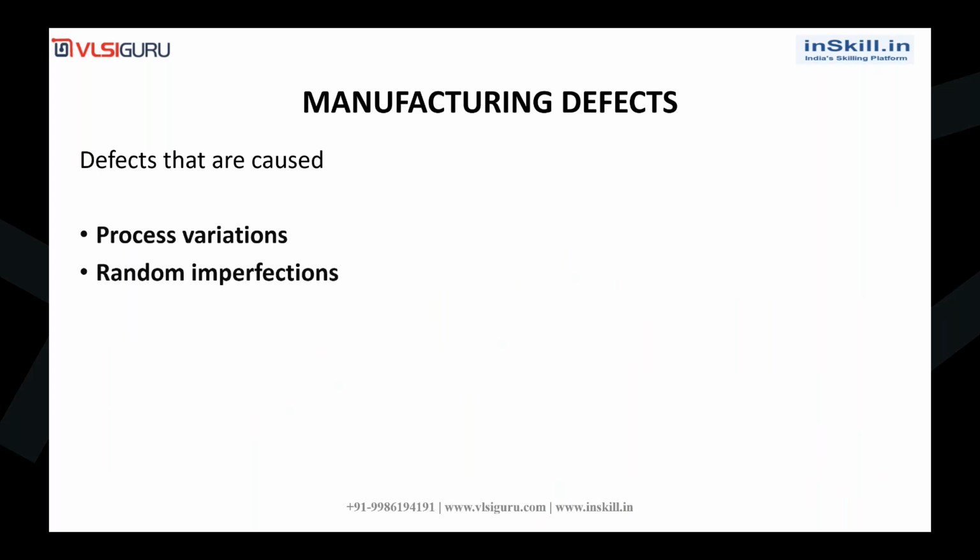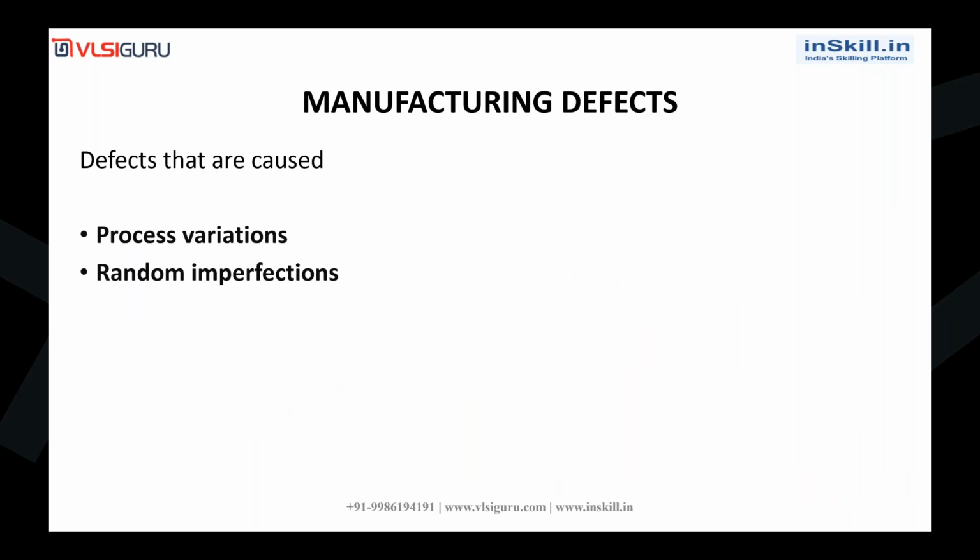Process variation means slight variation in transistor channel length, metal interconnect width and thickness. All these things can impact the logical and timing performance.